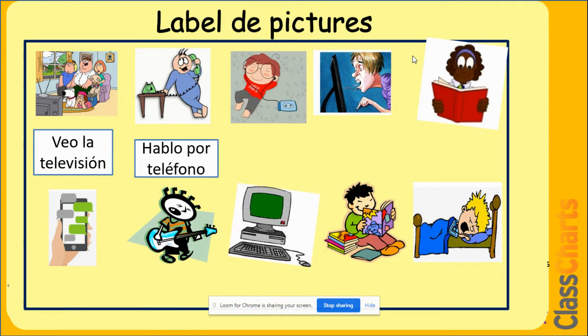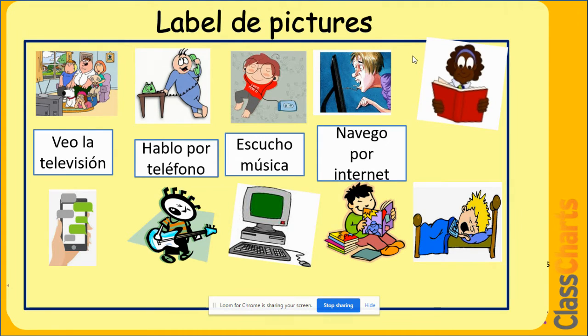The number 2 would be hablo por teléfono. Number 3 will be escucho música. Number 4 will be navego por internet. Number 5, leo libros.